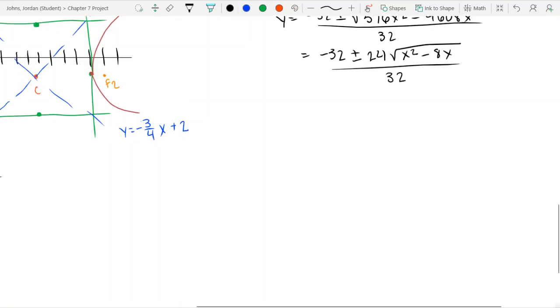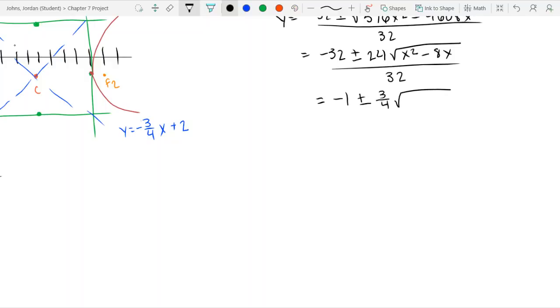Then we simplify, which equals negative 1 plus or minus 3 over 4 times the square root of x squared minus 8x. And then we graph the functions.